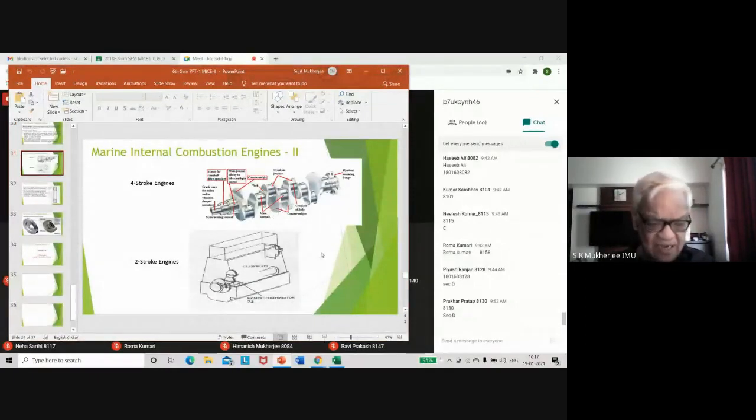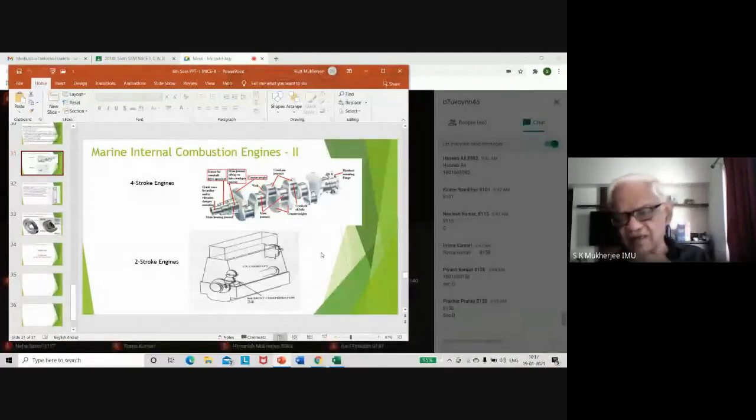When you get the chance to go to the workshop in college, the Yamaha engines that are there, those crankcase doors can be opened out. The nuts are kept loose. It is for you to open that crankcase door and have a look inside that crankcase, and observe how the counterweights are fitted.